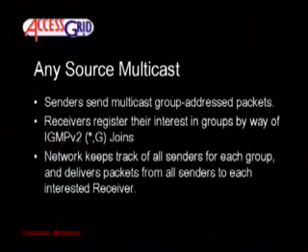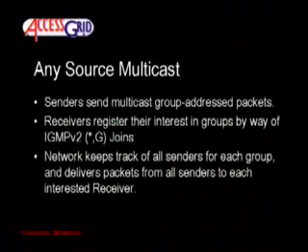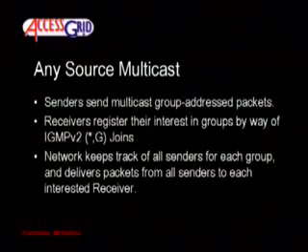A receiver learns about the group somehow, and we'll get into that later, and they register their interest in the group. They tell the network, hey, I'm interested in all the packets that might come into the network that have this group address. That is, the packets that were given to the network by a source with a destination address in the multicast group range. The receivers use the IGMP version 2 protocol.